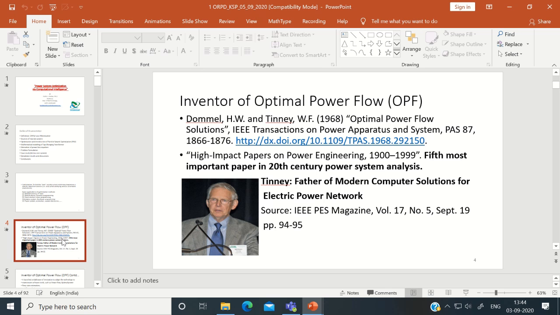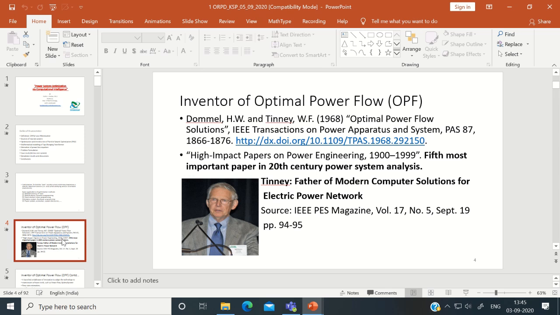So actually, the working principle of optimization is very old. It has been used for the last 17 to 80 years. But as far as electrical engineering is concerned, in 1968, Professor Dommel and Professor Tinney proposed the actual use of optimization in the power system, in an excellent paper, Optimal Power Flow Solutions, which was published in IEEE Transactions on Power Apparatus and Systems in 1968.